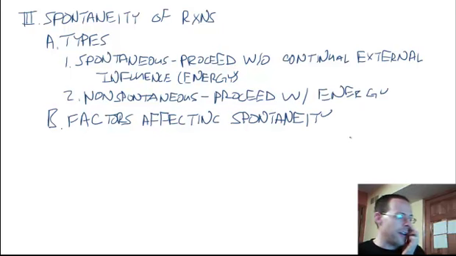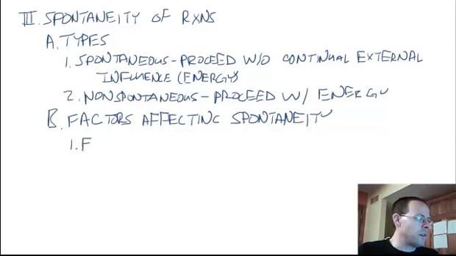Alright, so factors affecting spontaneity. And I think really with this, the first factor we're going to talk about is simply enthalpy. Alright, and what is enthalpy? Enthalpy is heat at constant pressure.